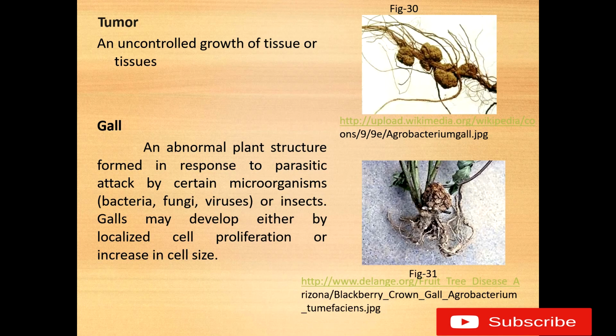Galls are abnormal plant structures formed in response to parasitic attack, and may develop either by localized cell proliferation or increase in cell size.